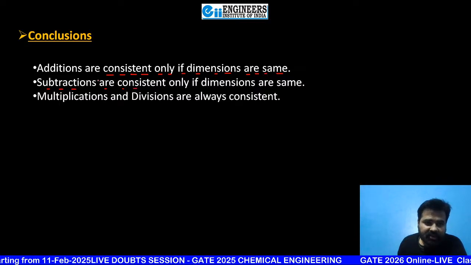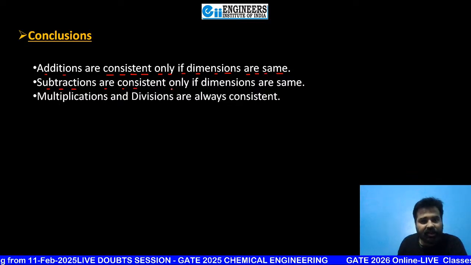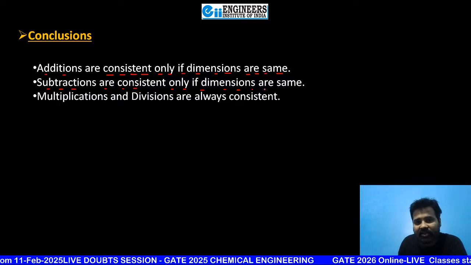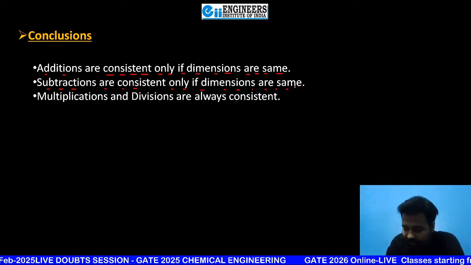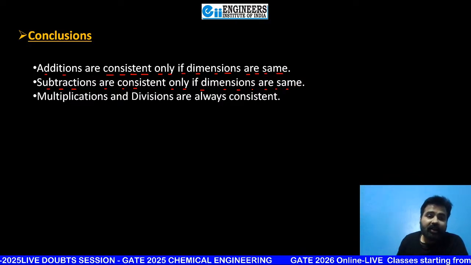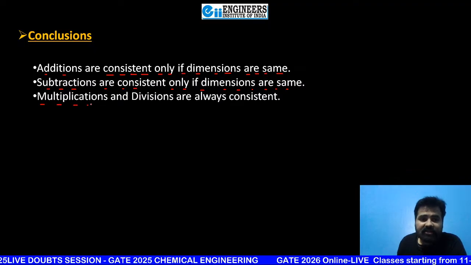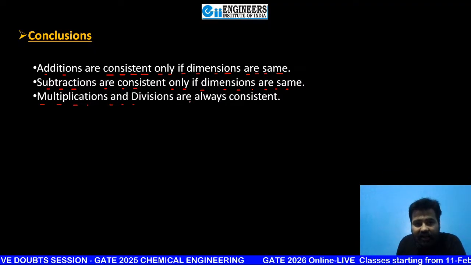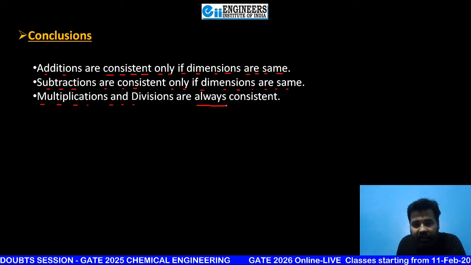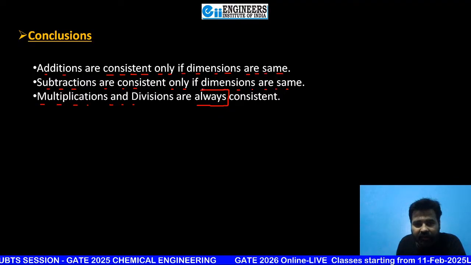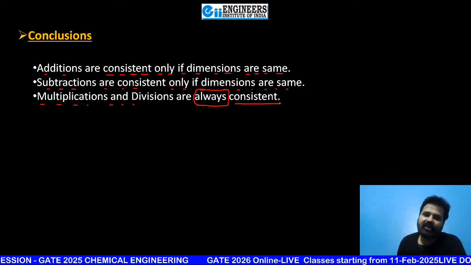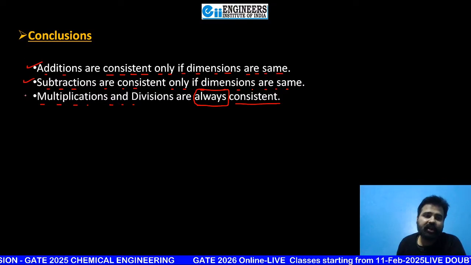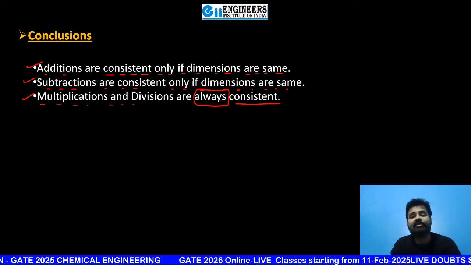Subtractions are consistent, just like additions, only if dimensions are the same. Crystal clear? Okay, sir. Very good, beta. Now, multiplications and divisions, these are always consistent. I hope these three topics' conclusions are crystal clear.